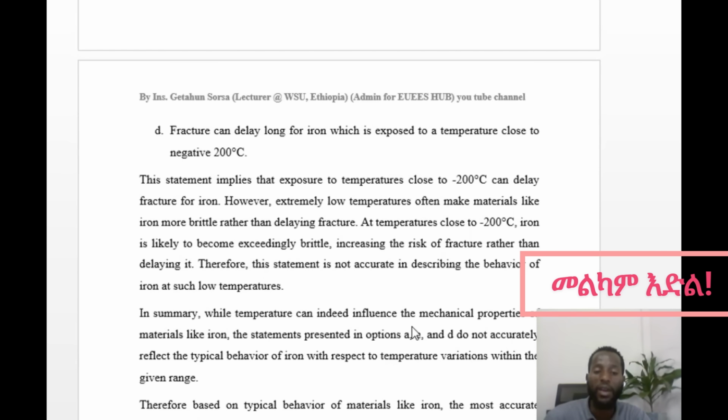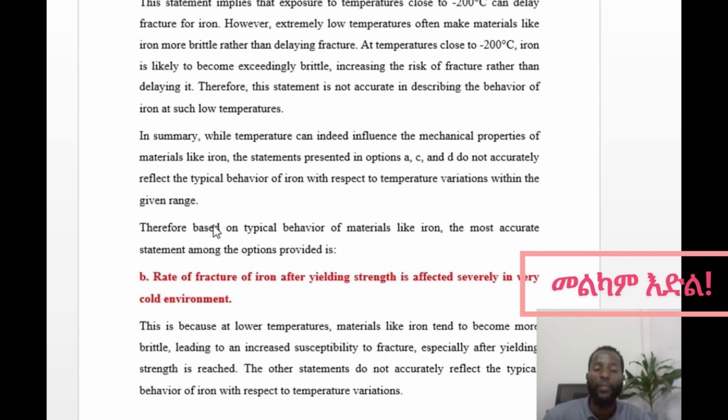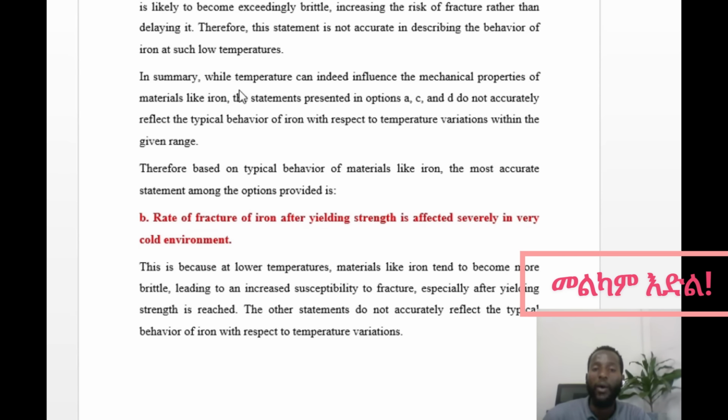And when I summarize this, while temperature can indeed influence the mechanical properties of a material like iron, the statements presented in options A, C, and D do not accurately reflect the typical behavior of iron with respect to temperature variation within the given range.